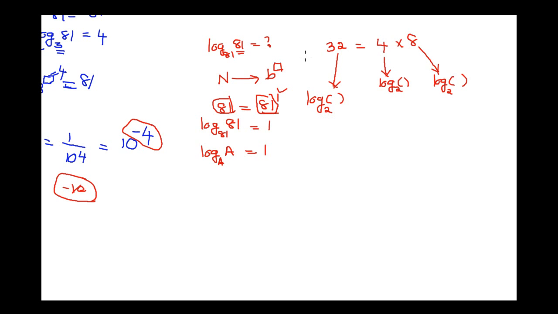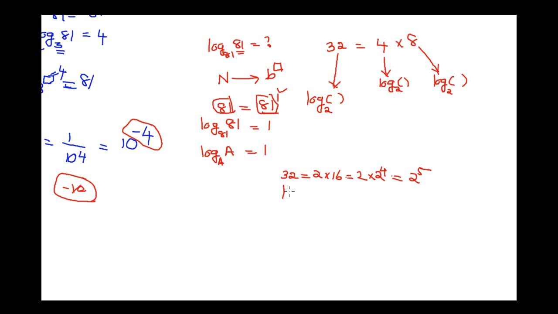Okay. So let's start from here. 32 can be written as 2 into 16, equal to 2 into 2 power 4, equal to 2 power 5.